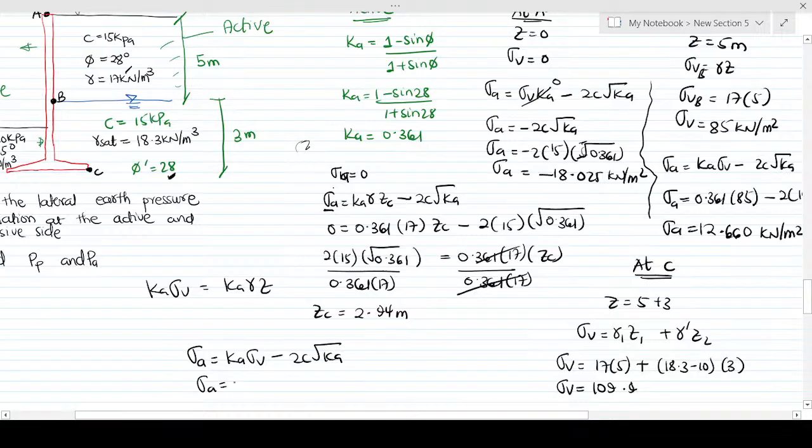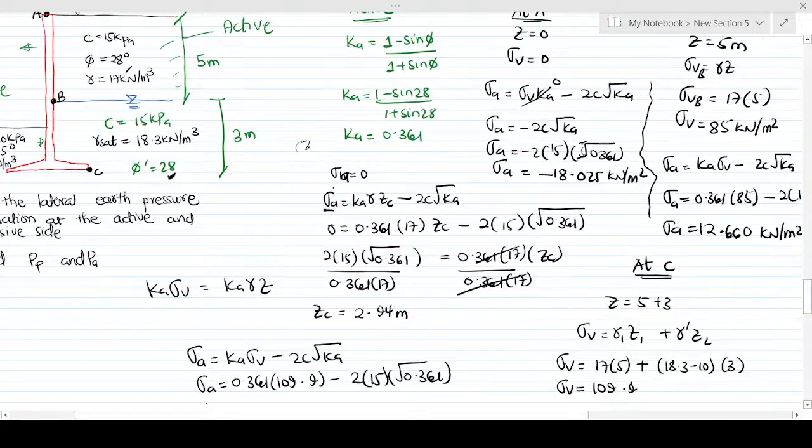So this is 0.361 multiplied by 109.9 minus 2 multiplying 15 multiplying the square root of 0.361.